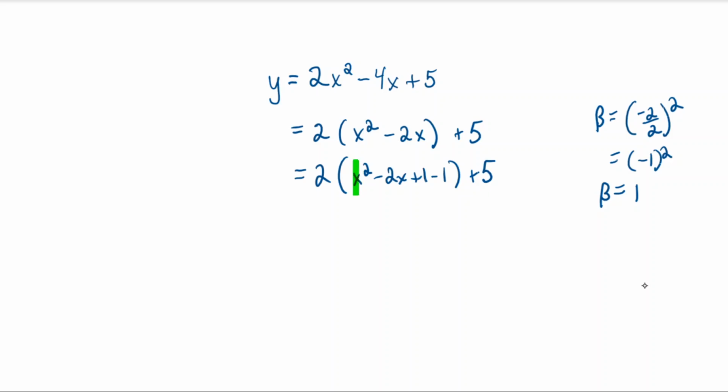This here is a perfect square trinomial, which turns out to be x minus 1 squared.